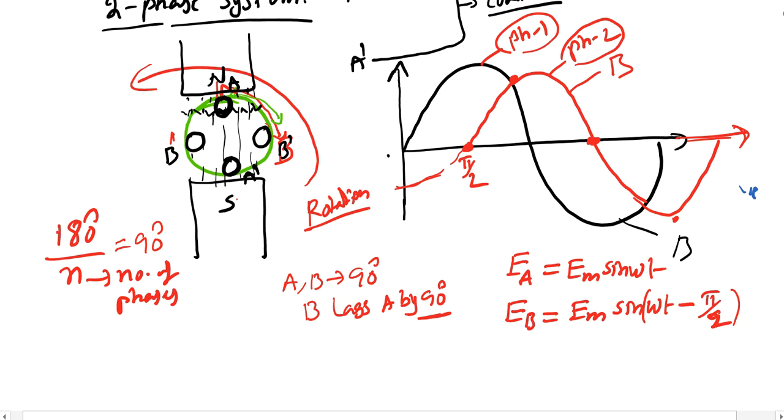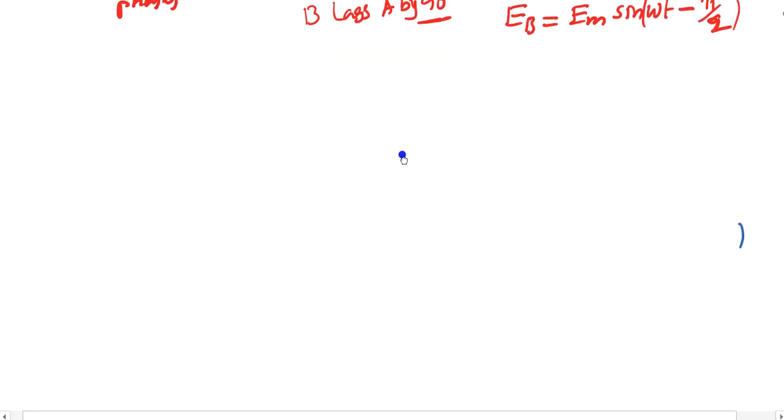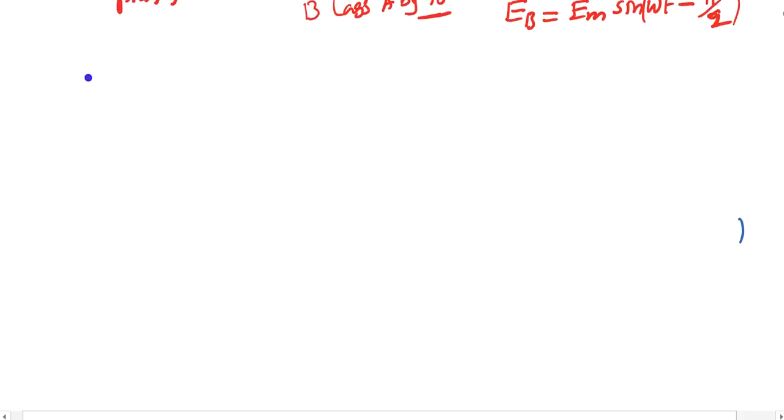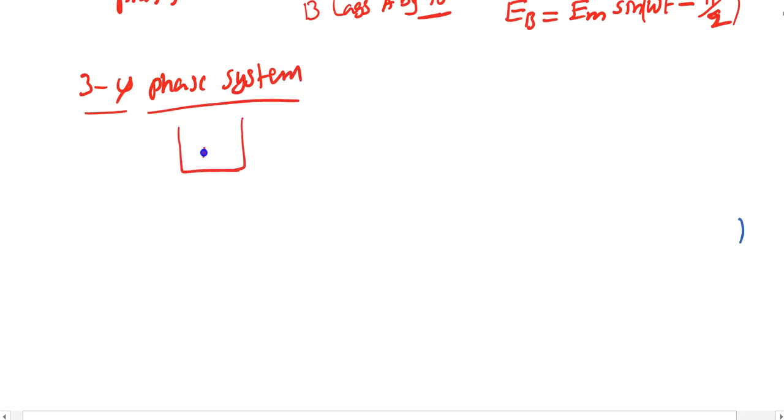Now similarly, if you go for the 3-phase system, what could the 3-phase system be here? For the 3-phase system, again we have the diagram.